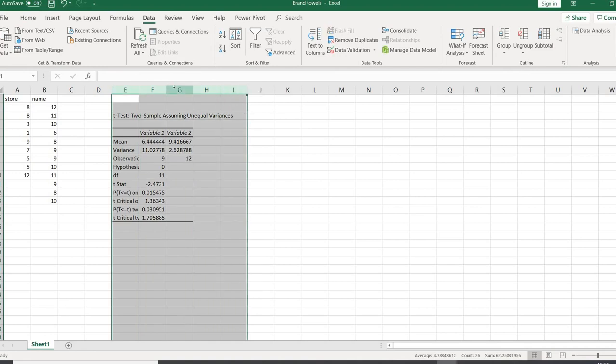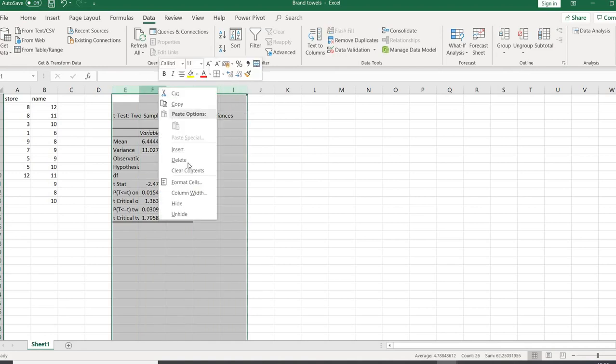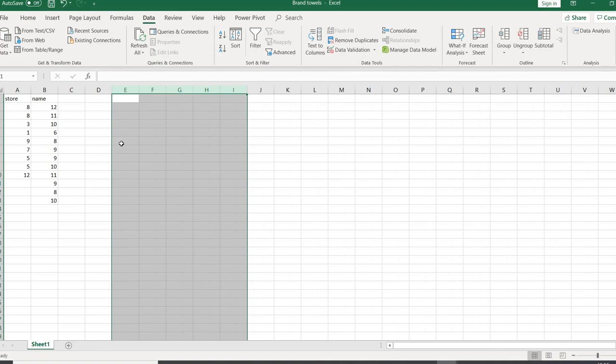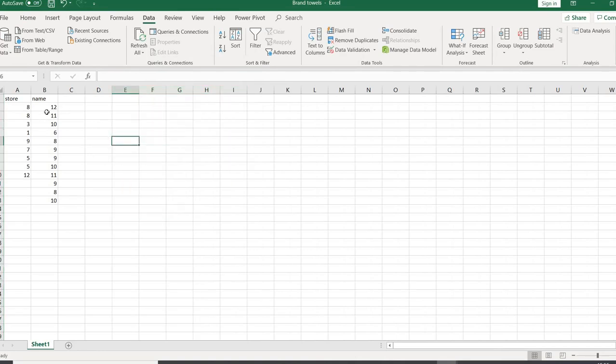And here we have these two brands, the store and the name. Now, to be able to determine whether these 2 samples have equal or unequal variance, you need to test them. And we test that using an F distribution.